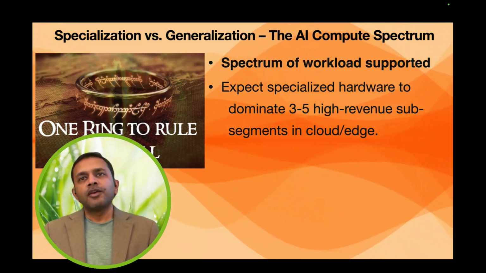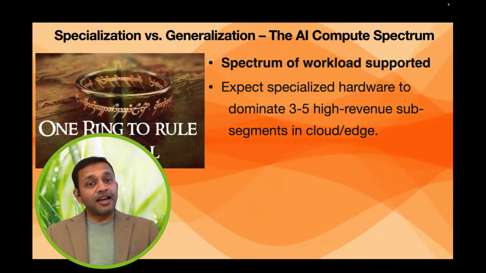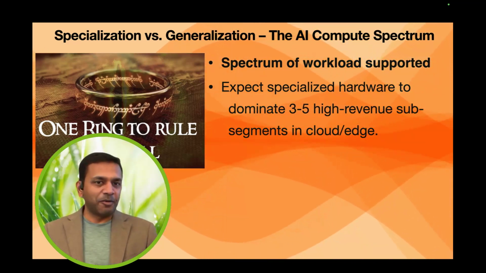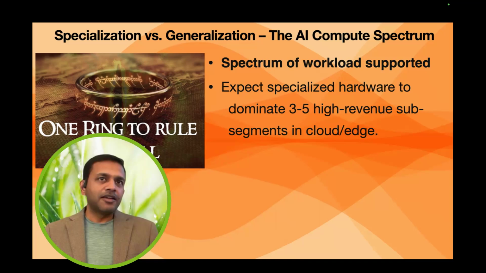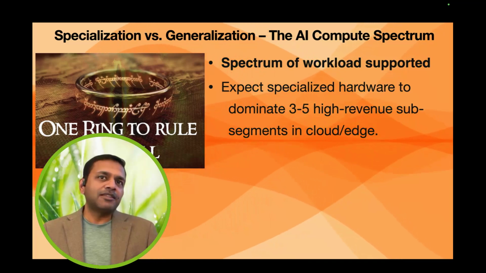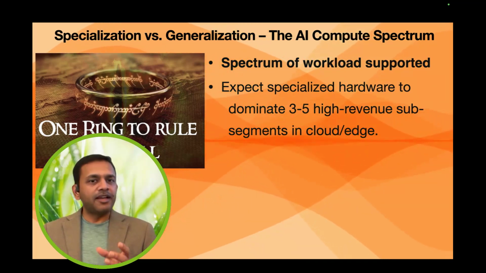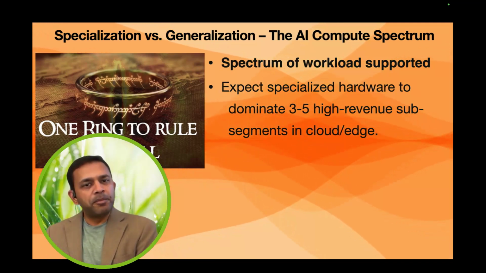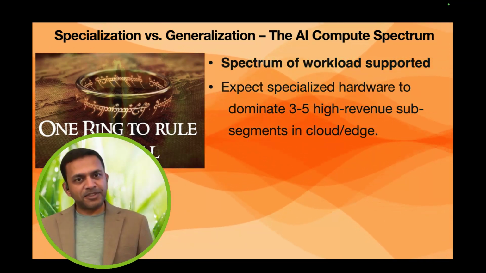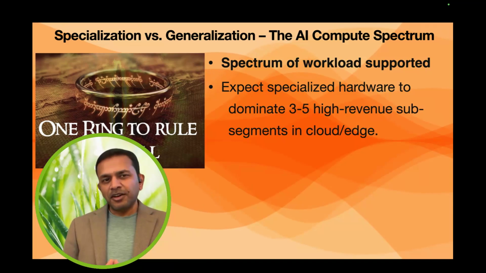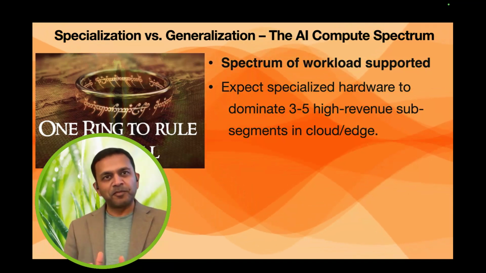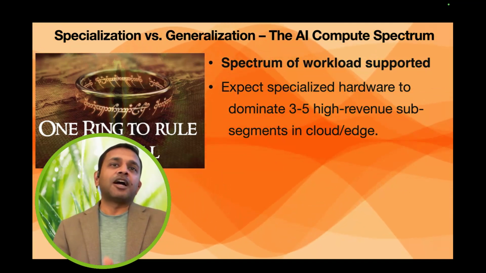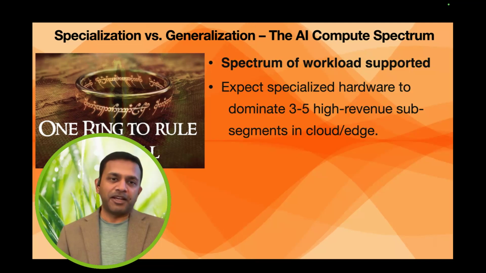Right now, where the opportunity still lies for new companies is specialized hardware. And I think for specialized hardware in the cloud and edge server space, at least, there are three, four, five big sub-segments which are worth reasonable revenue and where specialized hardware has a great potential to dominate.